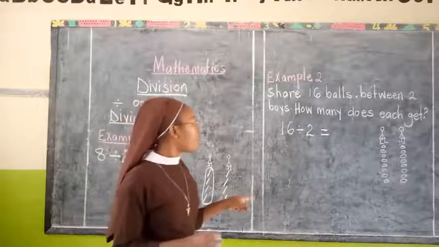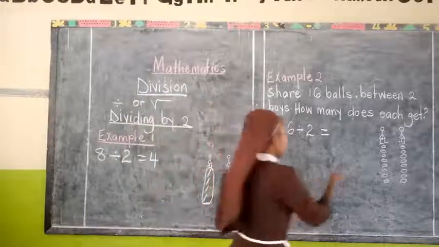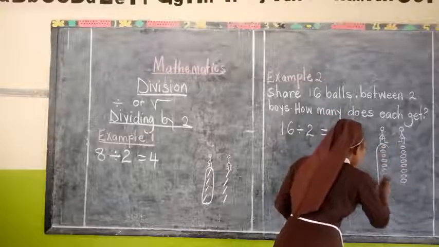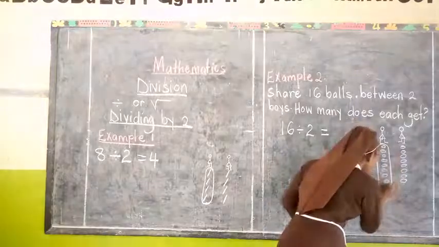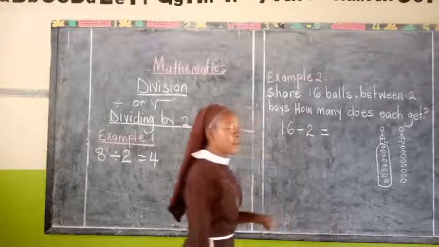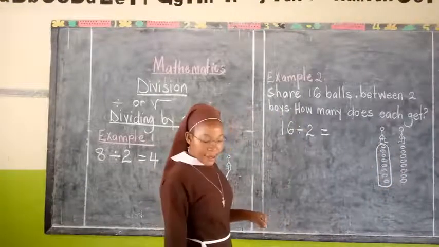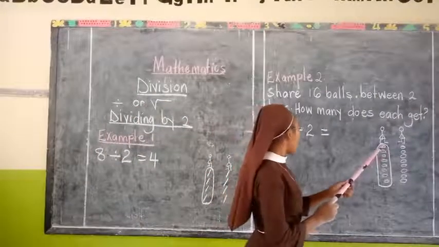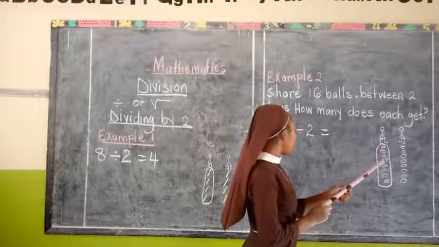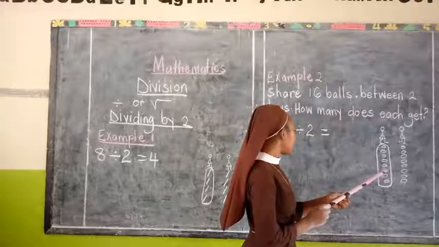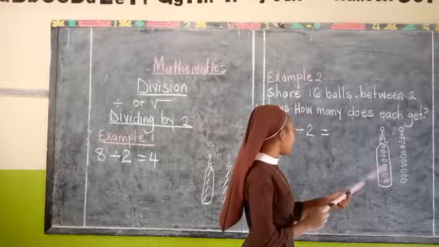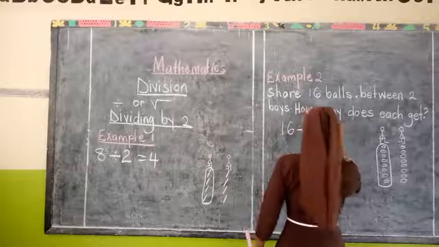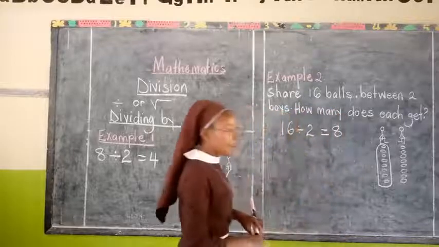So we go to one of the boys and then we count and see how many balls he got. We go to only 1. We don't count both because we have divided. Let's count and see how many. 1, 2, 3, 4, 5, 6, 7, 8. So each boy has got 8 balls.